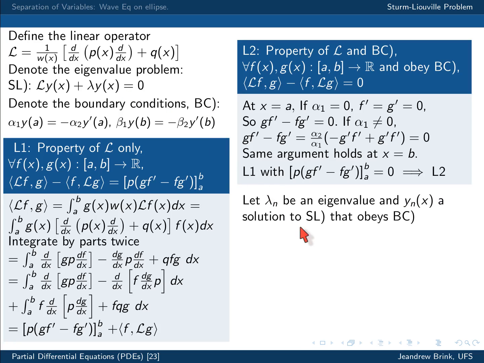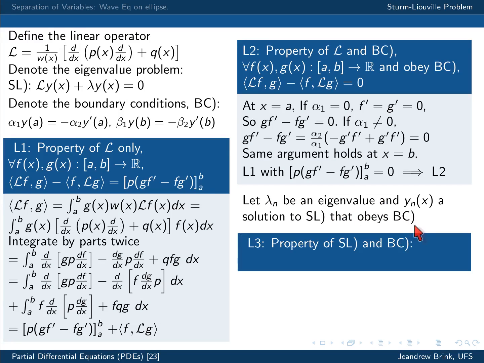If we have that, and we have the fact, which is part of the definition of your eigenvalue and your eigensolution, that it obeys the boundary conditions, then we have lemma 3, which is the following: lambda m minus lambda n, multiplied by the inner product of the two fundamental solutions, is equal to 0.